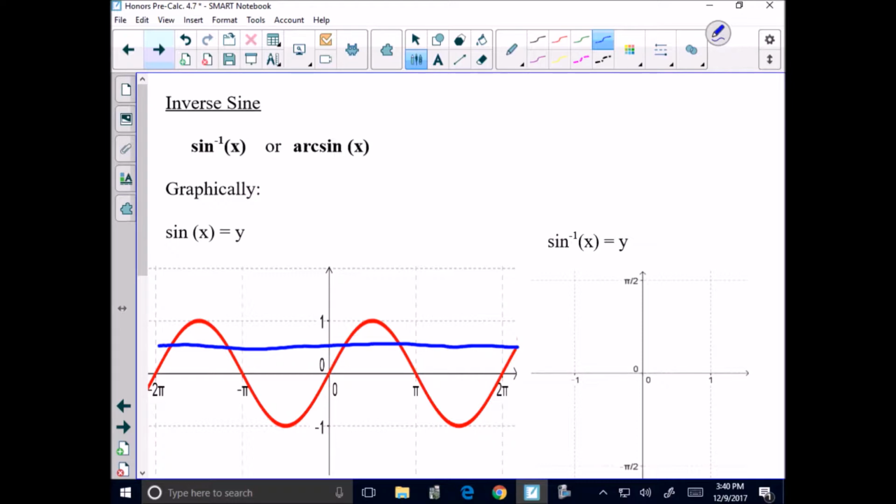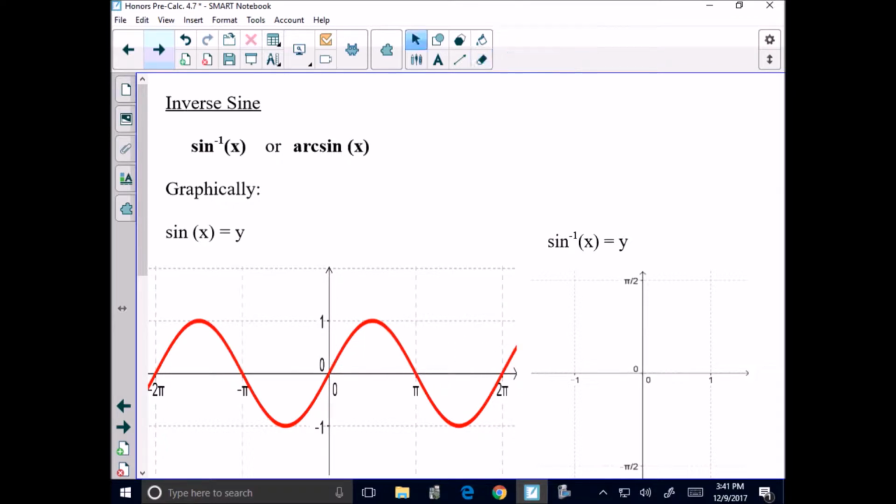So in general, what we can say is that this function is not one-to-one, and so its inverse is not going to be a function. But just like the graph of x squared, we can cut the graph of sine so that its inverse would be a function. And what we want to do is cut the graph of sine so that we're incorporating all of the possible outputs that sine could give us. Those outputs range from -1 to +1.